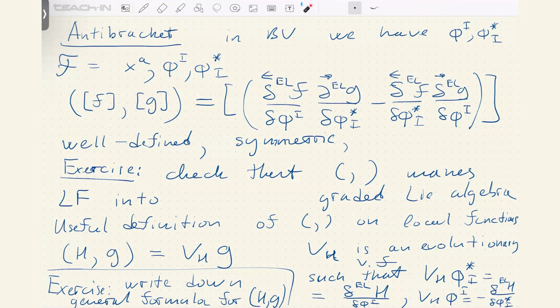But we insisted on having this Leibniz rule for the second argument, and that's why we got what we got. And finally, this bracket coincides with the bracket above. So here we defined an alternative.